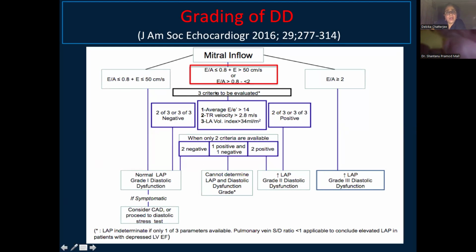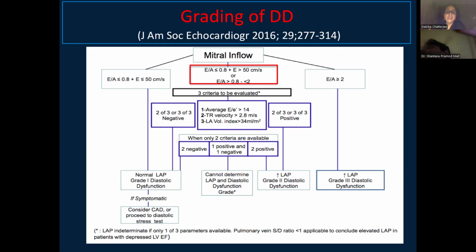Now, if you happen to get a filling pattern where the E/A ratio is less than 0.8 plus E wave velocity more than 50 centimeter per second, or E/A ratio more than 0.8 but less than 2, you have to evaluate 3 criteria. What are those 3 criteria?